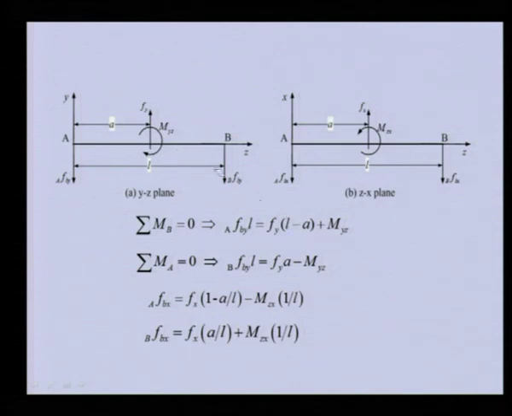You can see the total length is L, from here to here is distance L. The moment arm for Fy will be L minus A plus this one, because they are acting in the same direction, so the sign will be the same.